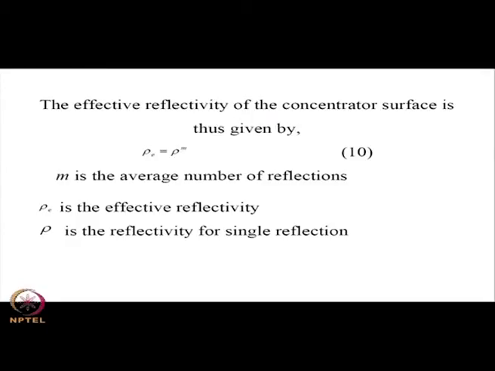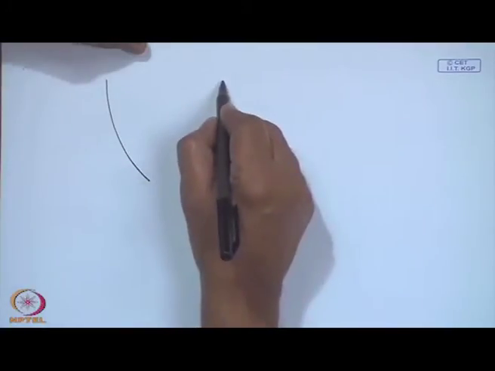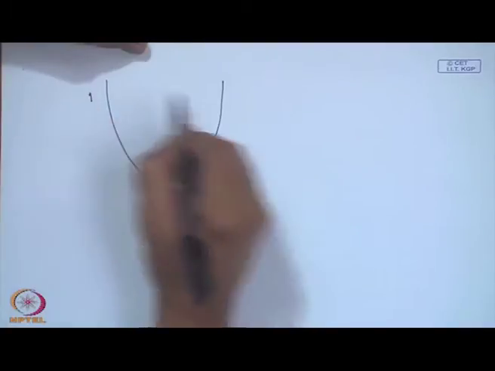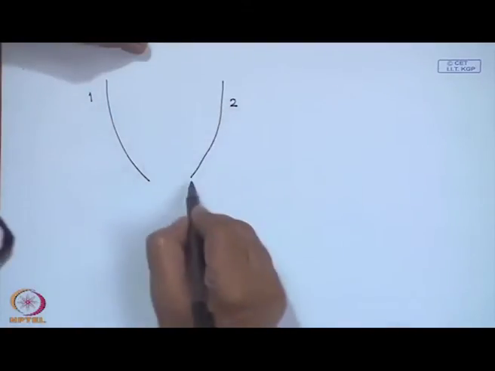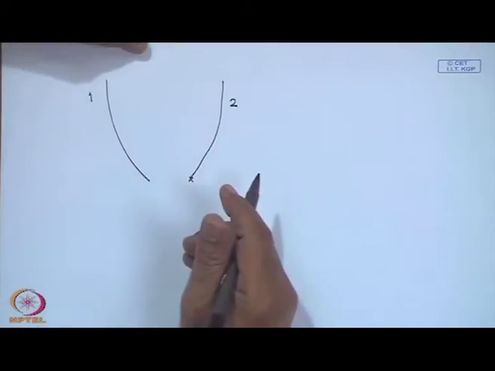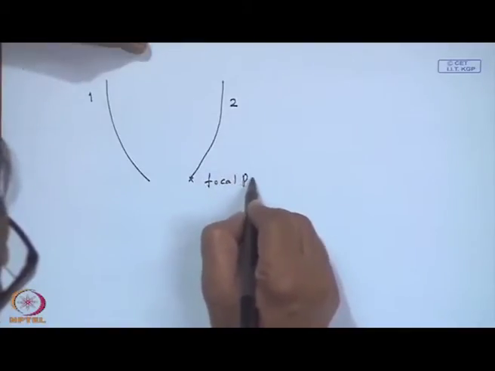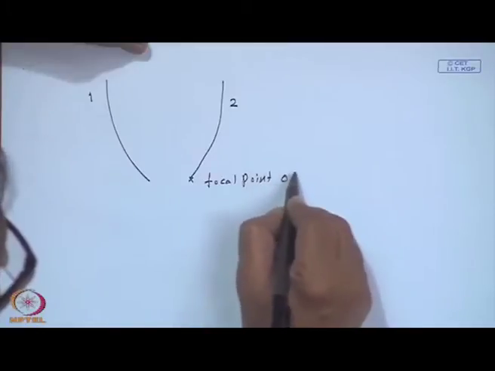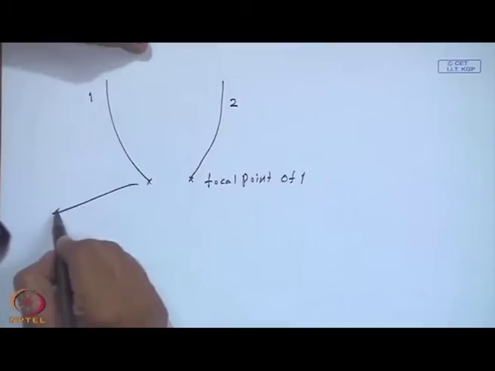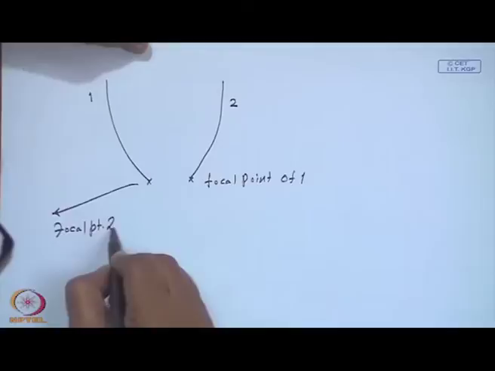Now, you have a compound parabolic collector. This is parabola 1, parabola 2, it does not matter whether we call them 2 and 1 the other way around. This is the focal point of 1 and this is the focal point of 2.